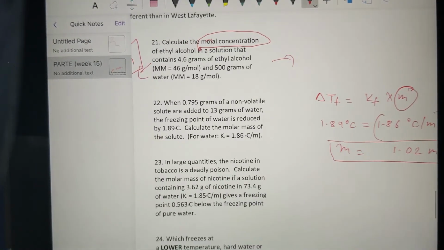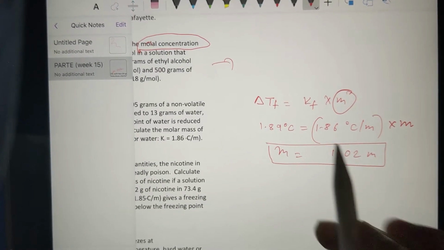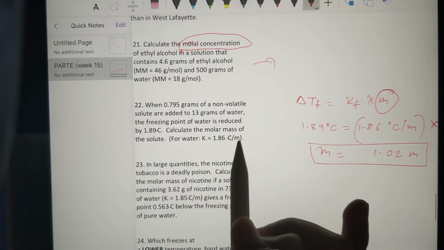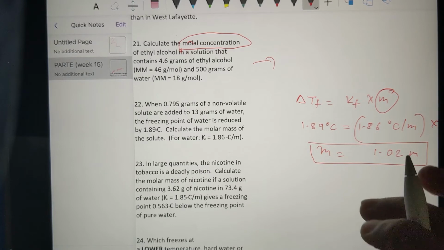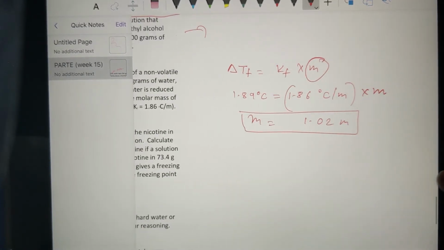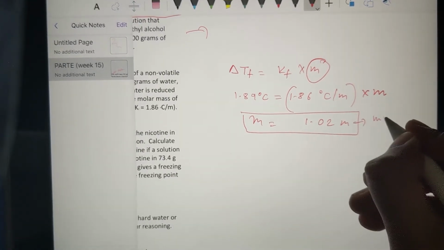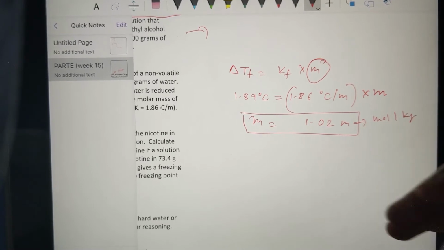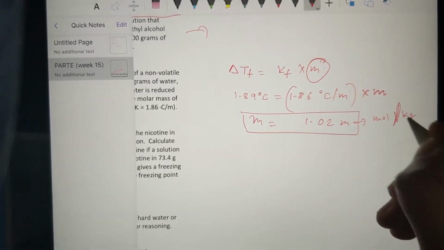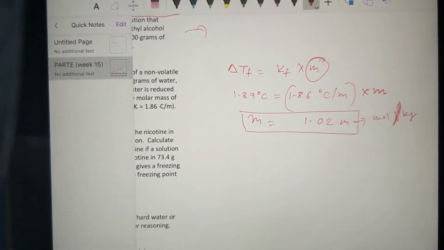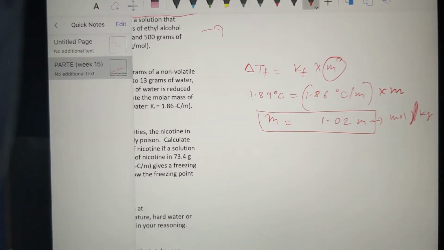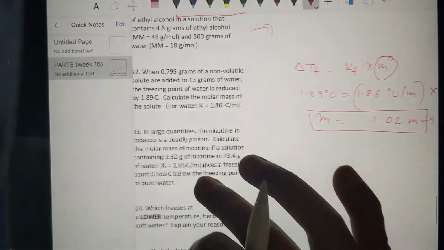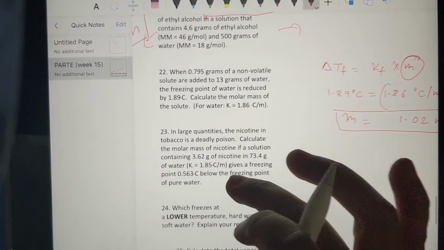Okay, so remember, this is the molality of solute, and the question is asking you the molar mass of solute. So to calculate the molar mass of solute, first you have to, this is in mole per kg, so you have to find out how many moles are there. Okay, so to do that, as we did in the question before that, you have 13 gram of water.